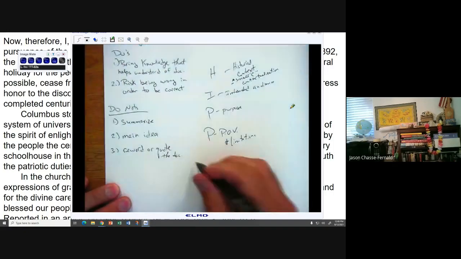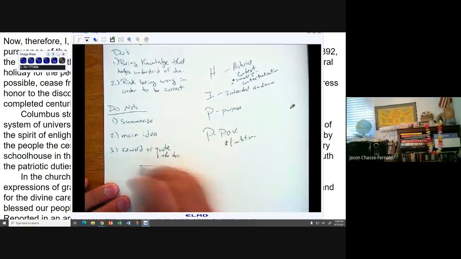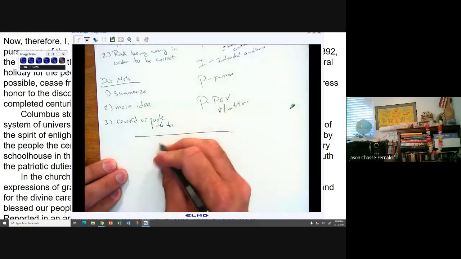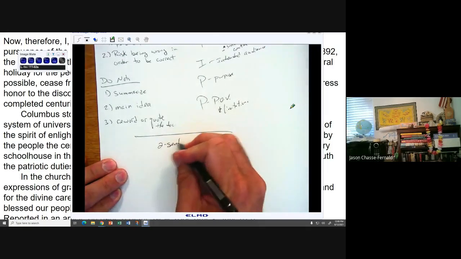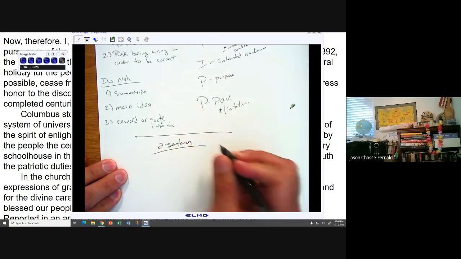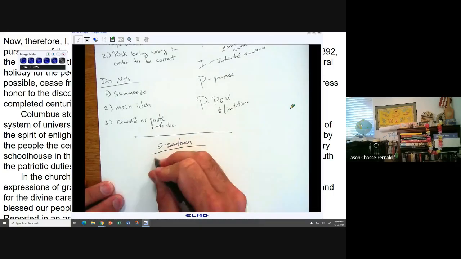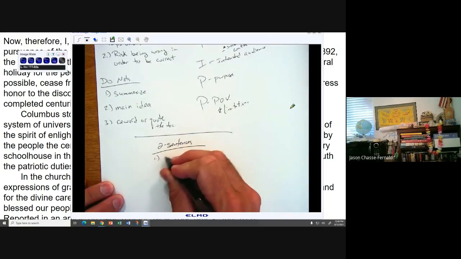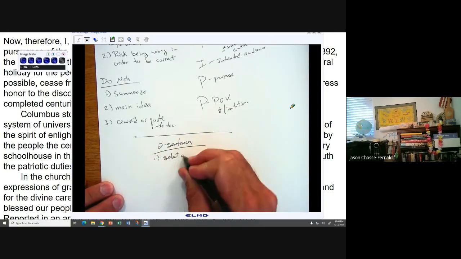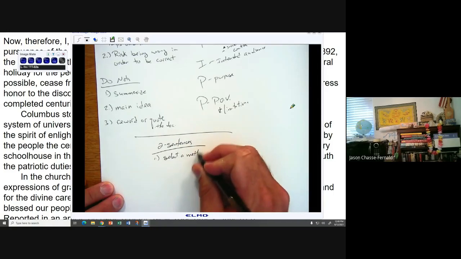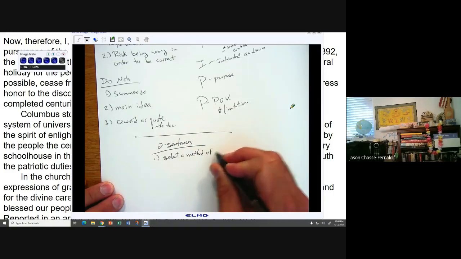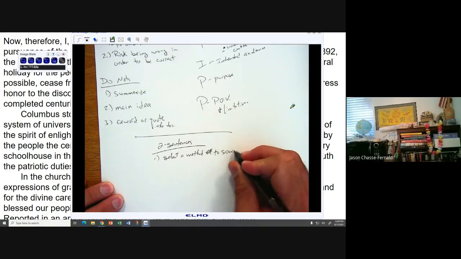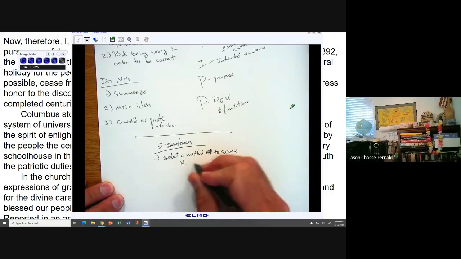And I always like to say in class, when you are doing this, really two sentences should be enough. In the first sentence, you're going to select a method of sourcing, so HIPP.